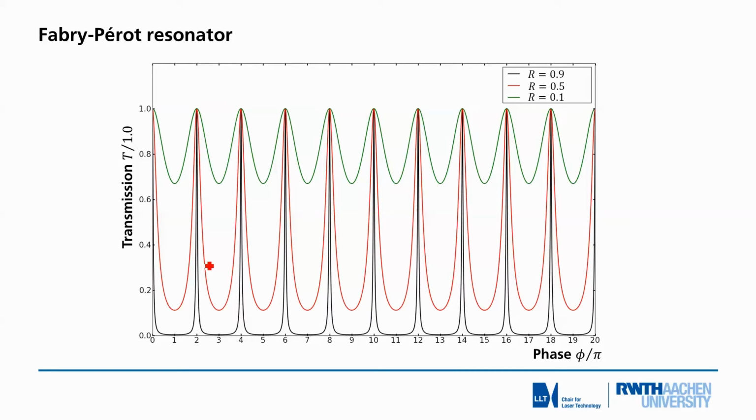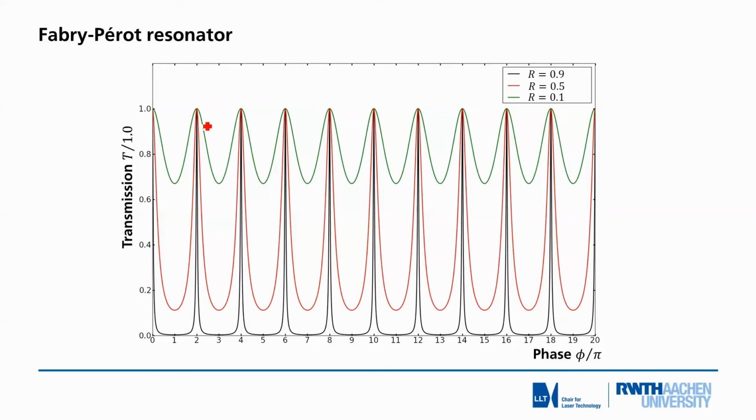If you look at the graphical solution of this equation, if we plot it, we look at the transmission versus basically the frequency. In this case here, the phase in numbers of pi is plotted, but this is actually the frequency spacing. And you can see for small reflectivities of the order of 0.1, we get a very intense modulation due to the resonator.